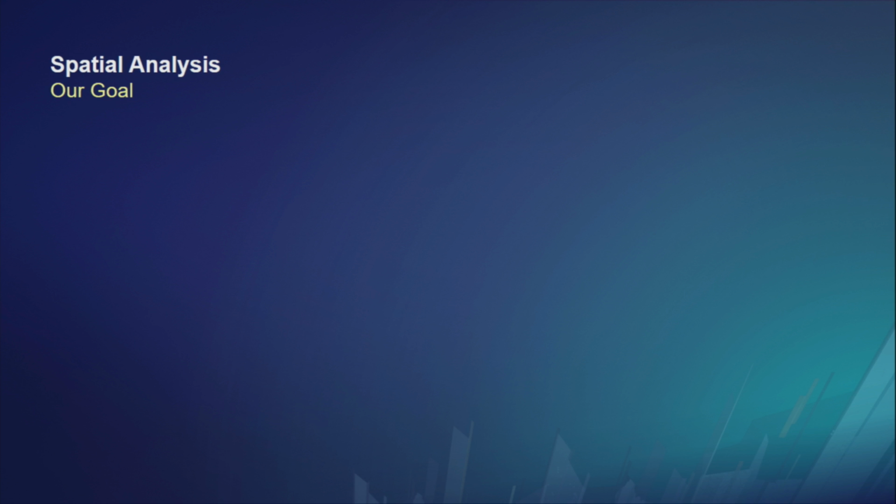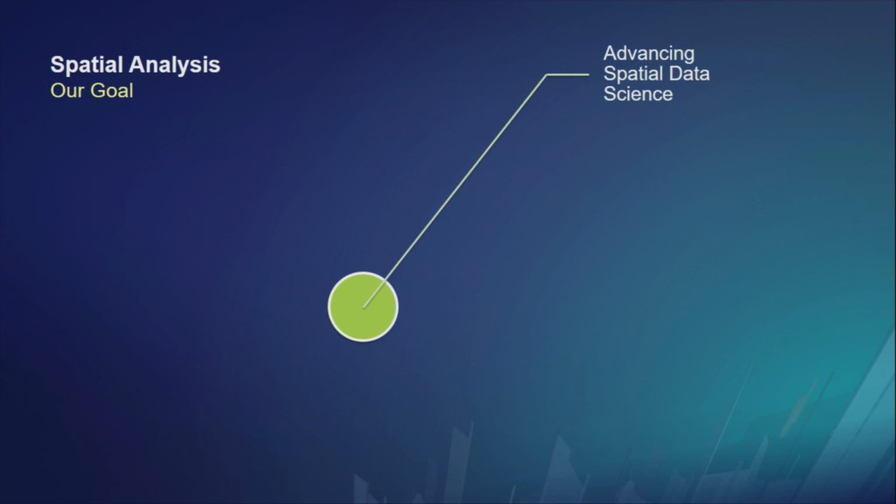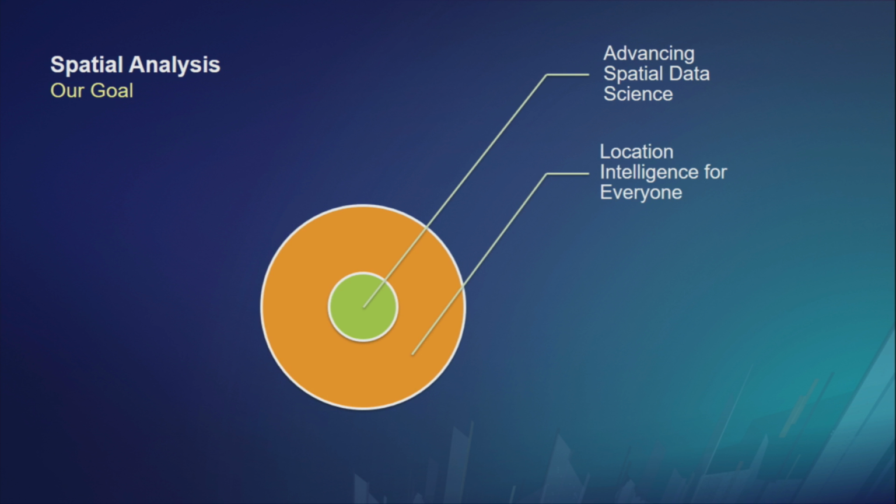From the analysis team, our goal is always to advance spatial data science. We want to help our users solve their problems, and we would like to provide the best methods possible for problem solving. We also want to make it more intuitive, easier to use, with smart defaults.